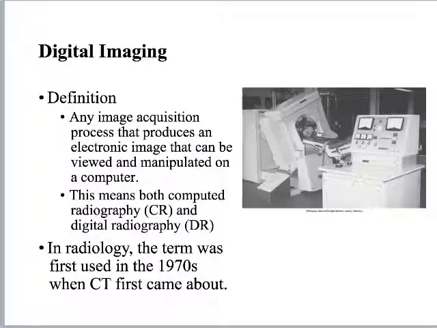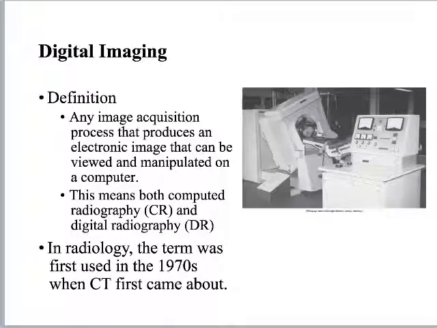So CT has a close relationship to the advent of digital imaging in radiography because there was no other way to have a CT image except as a digital image. And this was before it was even useful to view it on a monitor. You would make this digital image, and since the monitors were still crap in the 1970s, you would then print that digital image back to film. And it was read on a film, the first CT scans.